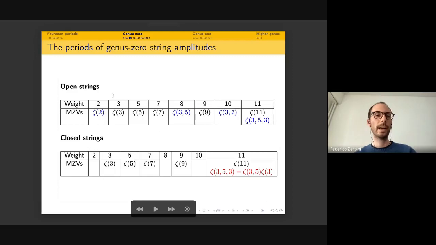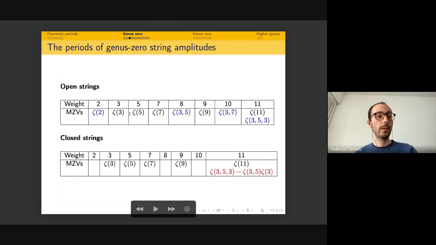So for instance, here I reported all the multiple zeta values that you find until weight 11 in open and closed strings, where the weight is just the sum of the entries of the multiple zeta value. So I just report the generators actually that you find. Then you will in general find products of these multiple zeta values, but here I just report the new ones.